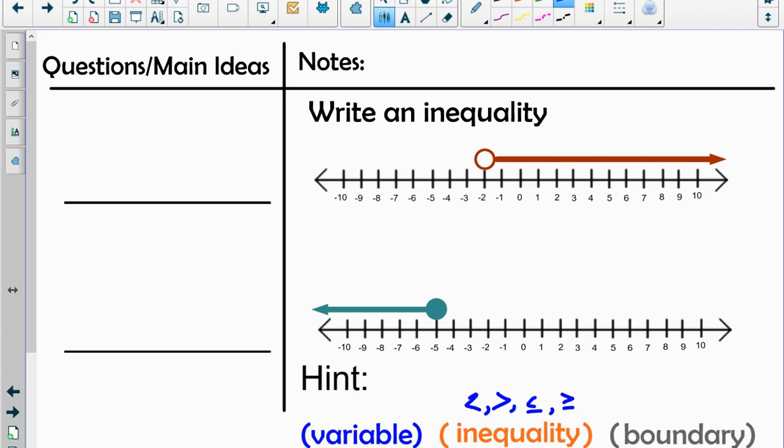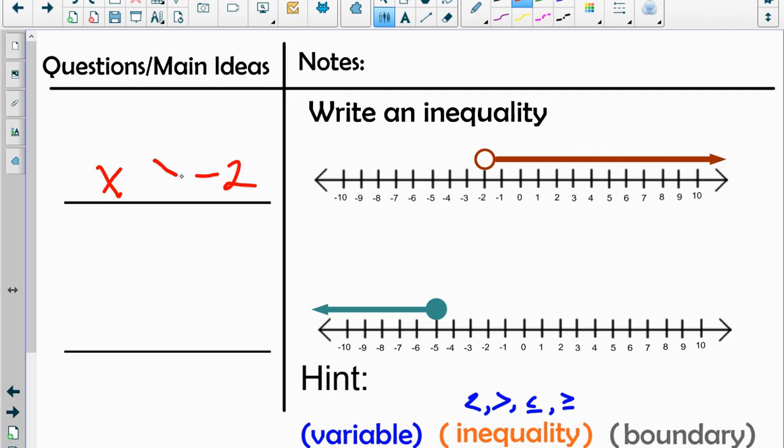So looking at our inequality graph on the top, the first one, I see my boundary circle is right at -2. So I'm going to pick a variable. I'm just going to use x, and I'm going to put -2 on the right. And now I have to decide what goes in the middle, what inequality symbol. Sorry, that's supposed to be a question mark. So I look at my graph and I notice that it is shaded to the right side of -2.